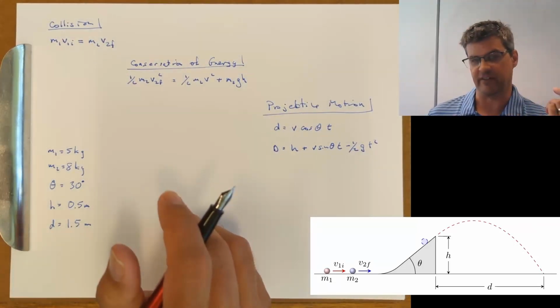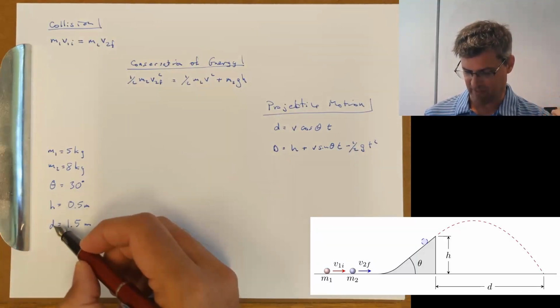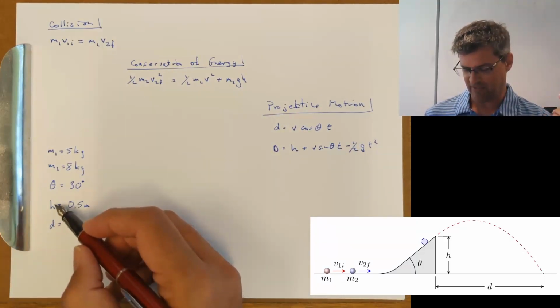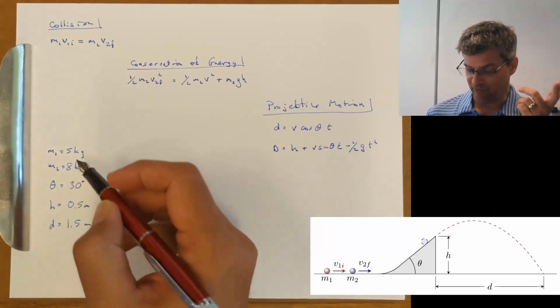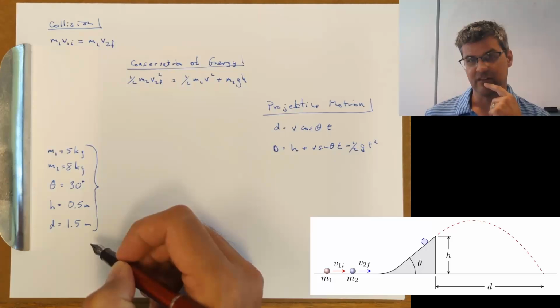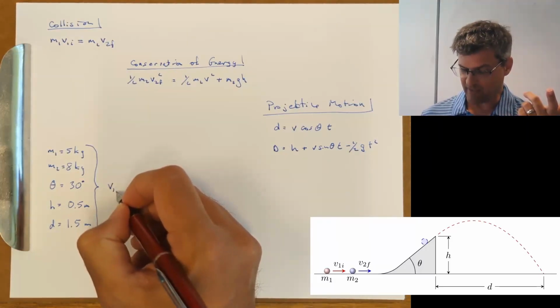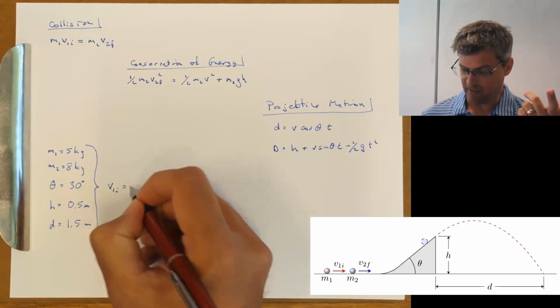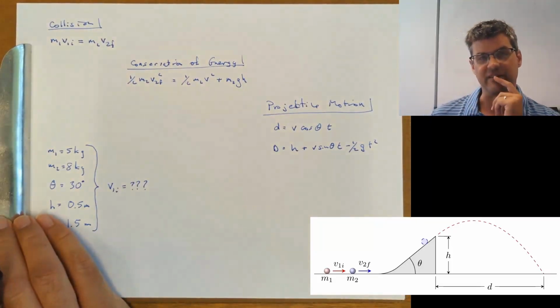This is perfectly fine. So given this picture, I can certainly give you D, and I can give you H, I can give you theta, I can give you M1 and M2. And from this set of information, it turns out that if you wanted to, you could calculate V1 initial that is required to make this happen.